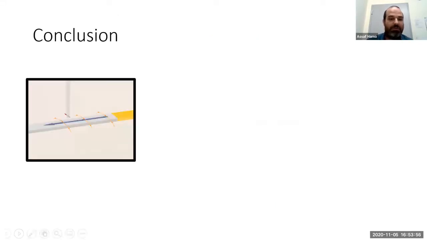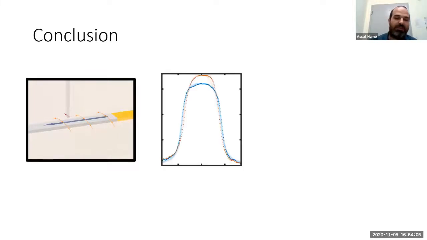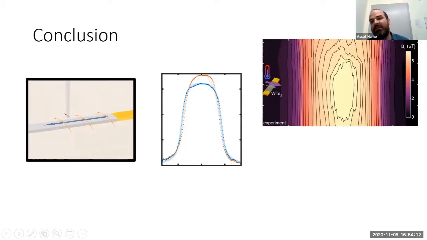Just to conclude, we were using an extremely sensitive magnetometer together with very high resolution to show that the current inside tungsten telluride is hydrodynamic, and that this hydrodynamic effect depends strongly on temperature. It's non-monotonic in temperature.